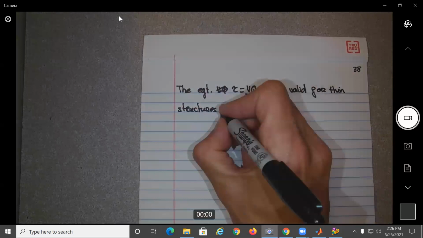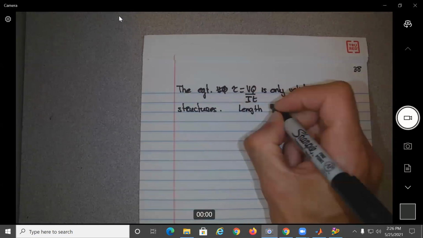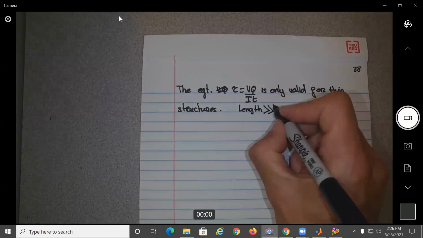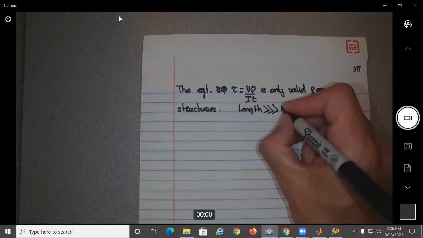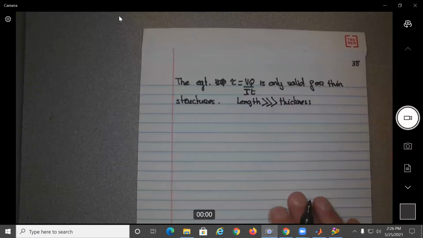So basically that means when the length of the structure is much higher than the thickness.